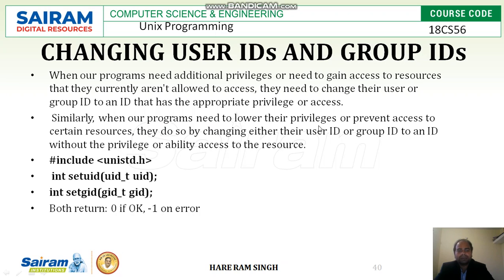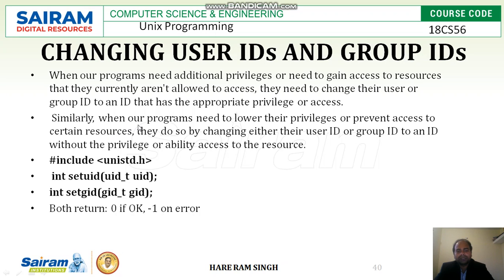Similarly, when our programs need to lower their privileges or prevent access to certain resources, they do so by changing either their user ID or group ID to an ID without the privilege or ability to access the resource.